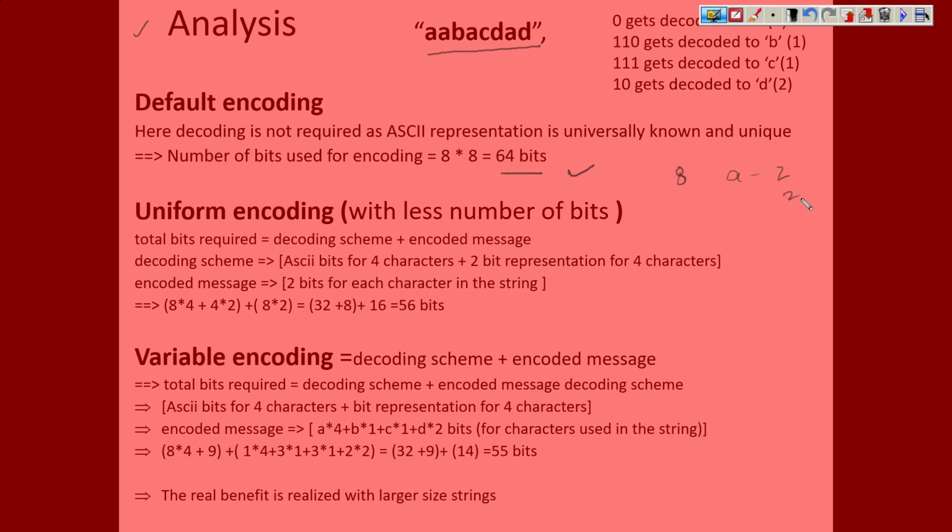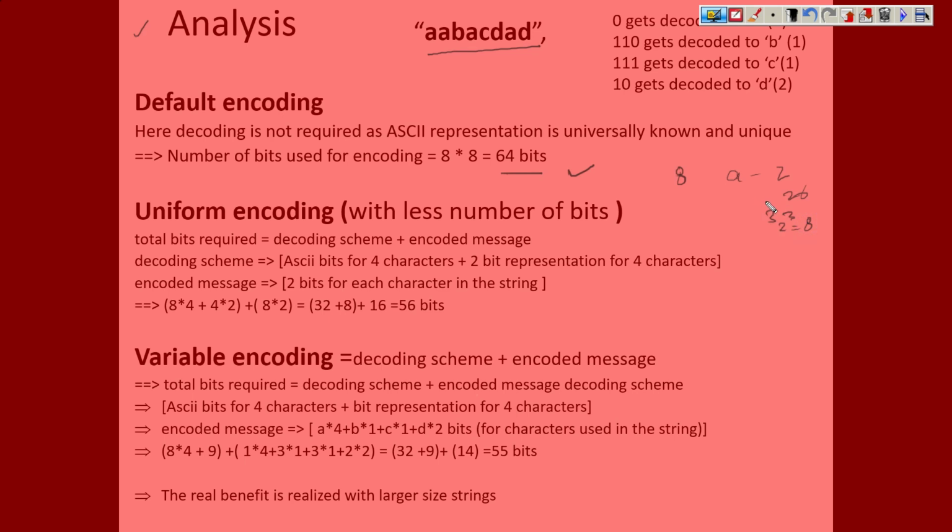That means the total is 26. So we have to see how many bits are required to represent 26 symbols. So if we have three bits, that means we can represent 2 power 3, 8 characters can be easily identified.